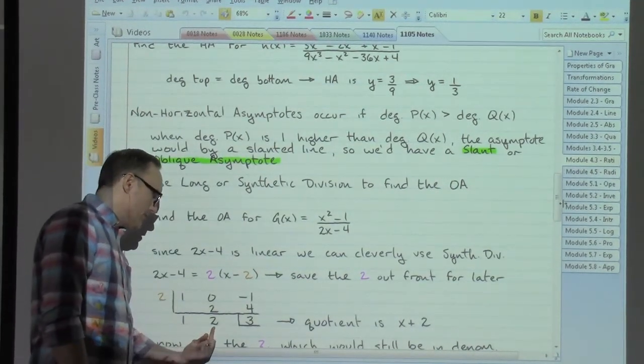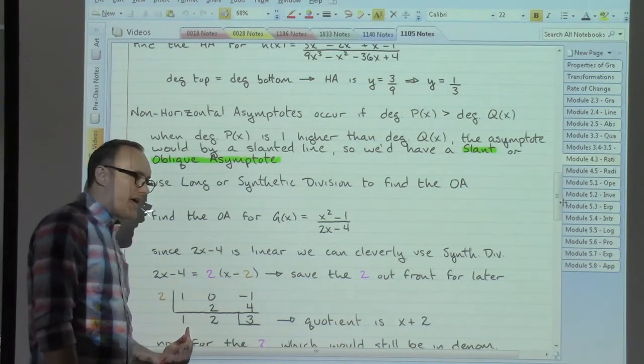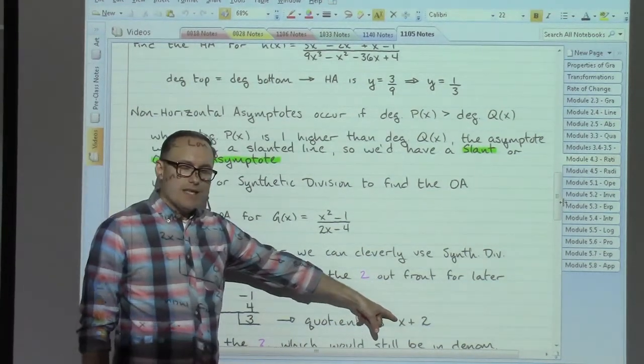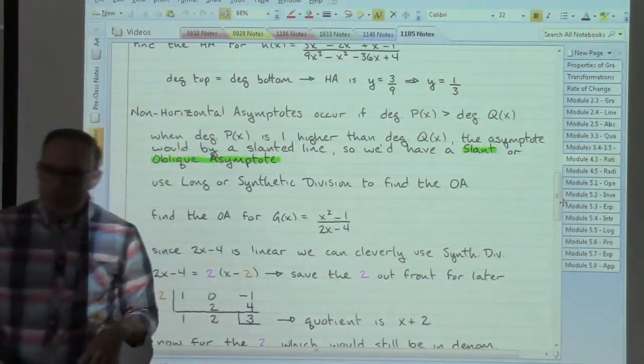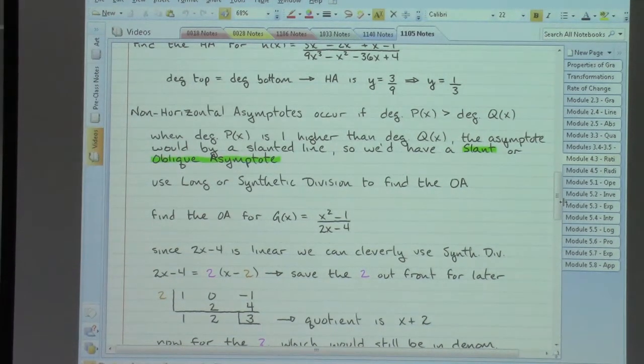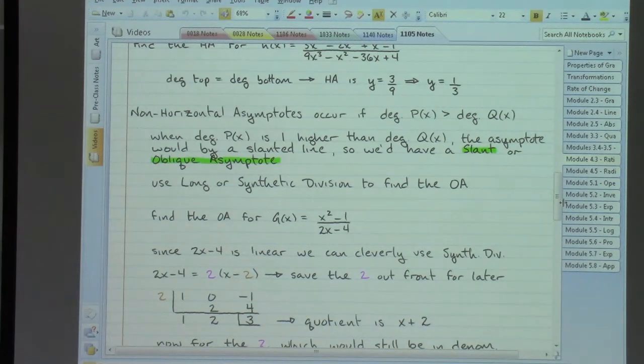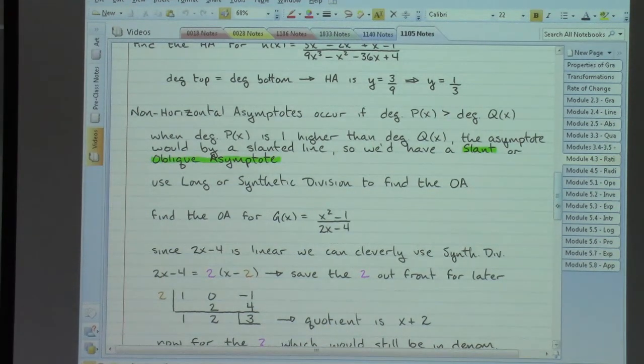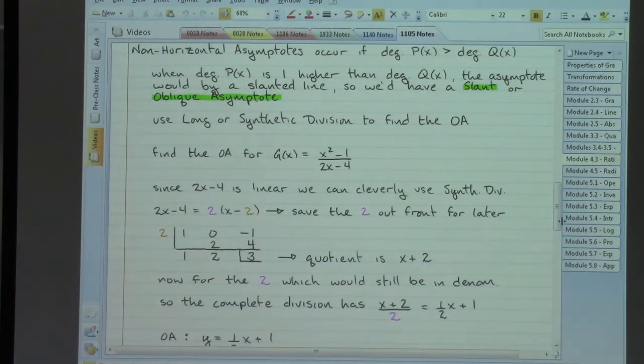And the quotient, 2 is the constant, 1 is for the x. So the quotient is x plus 2. And that would mean that this slant asymptote, aka oblique asymptote, is going to be based on that x plus 2.